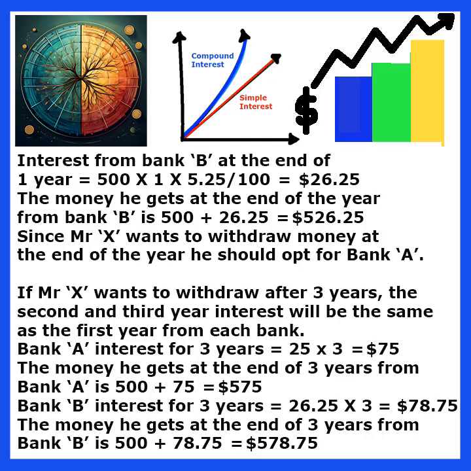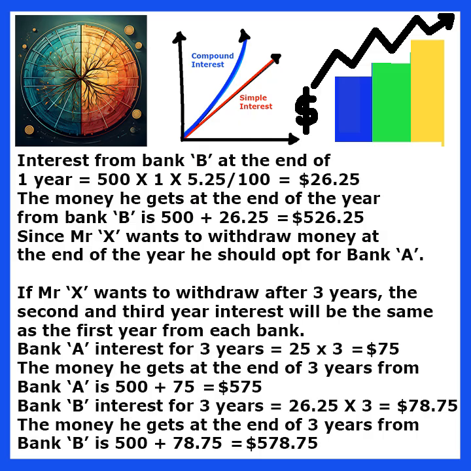If Mr. X wants to withdraw after 3 years, the second and third year interest will be the same as the first year from each bank. Bank A interest for 3 years equals 25 multiplied by 3 equals $75. The money he gets at the end of 3 years from Bank A is 500 plus 75 equals $575.